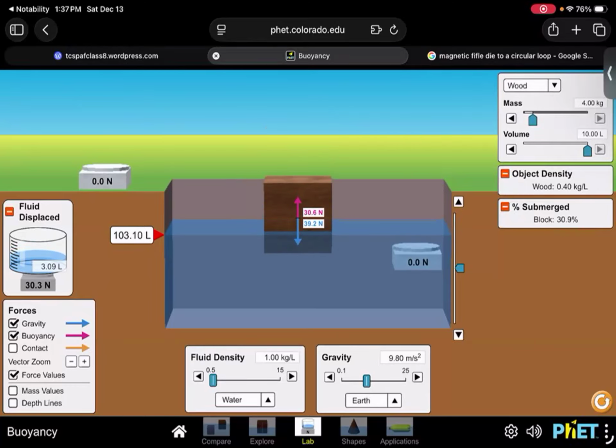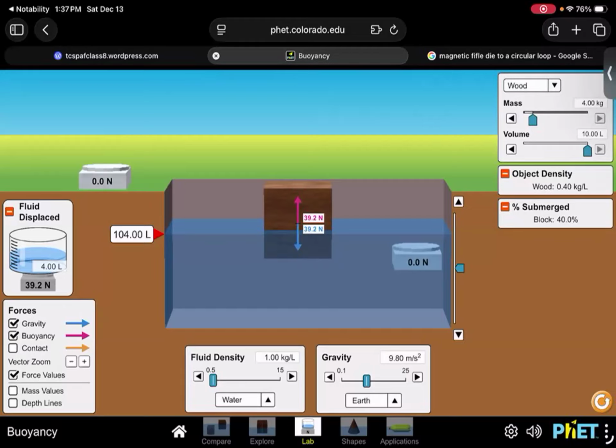But as the object goes into the fluid, the fluid increases in volume by 4 liters. And notice something interesting: the upthrust force, the upward blue force, is exactly equal to the weight of the fluid that was displaced.